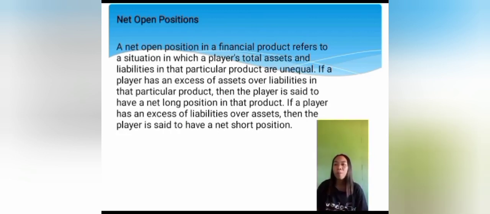The net open position should be calculated as the sum of balance sheet holdings of equities and notional positions in equity derivatives. The net position is positive if it is a long position and negative if it is a short position. The position in the market must be calculated on a market value basis.